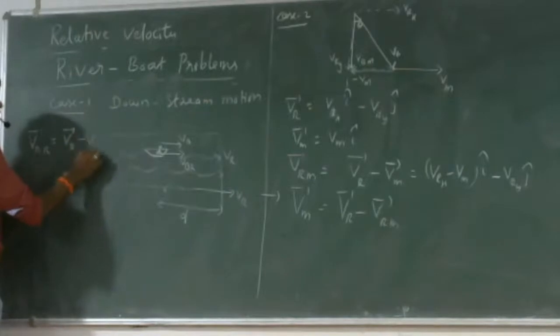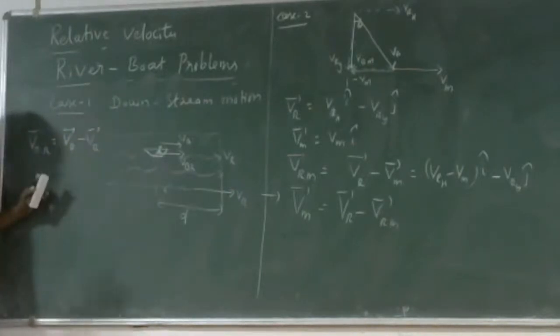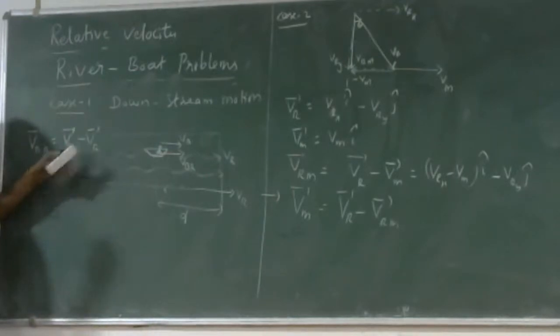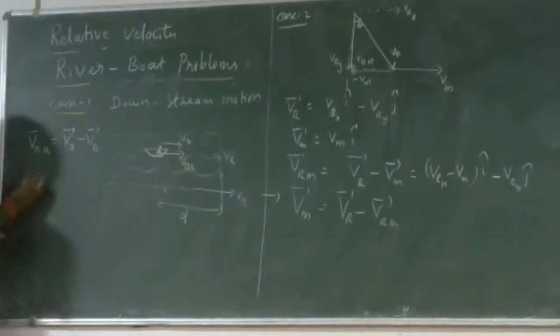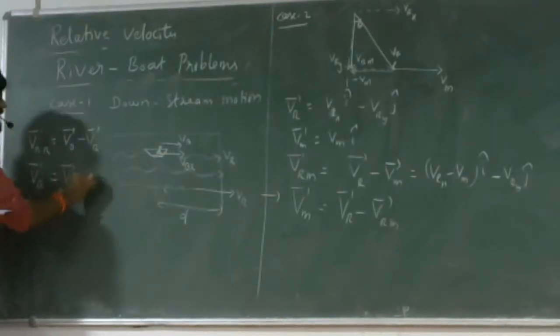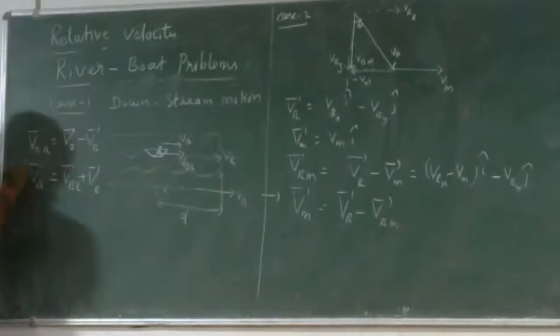So minus VR. Are you following this? Then velocity of boat with respect to ground, velocity of river with respect to ground. So from this we can say velocity of boat with respect to ground is equal to velocity of boat with respect to river plus velocity of river. Is this clear everyone?